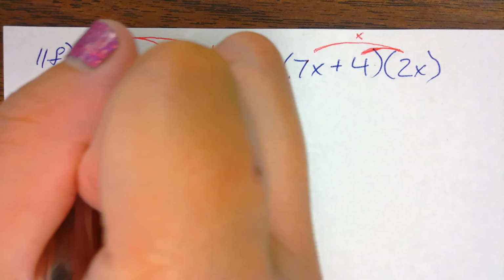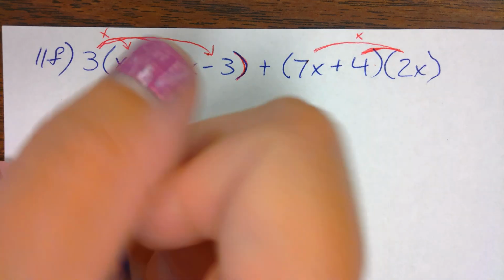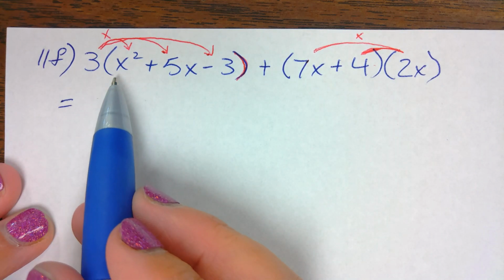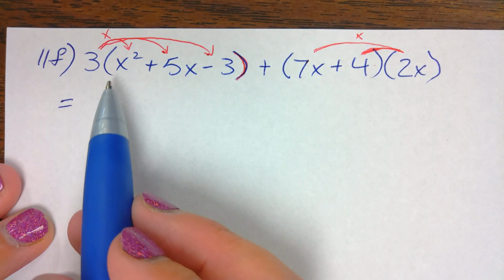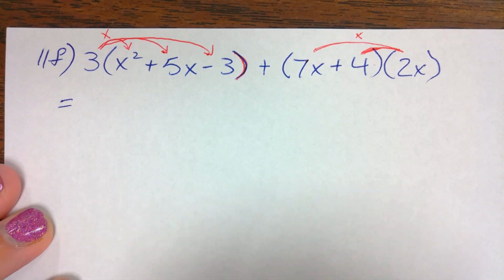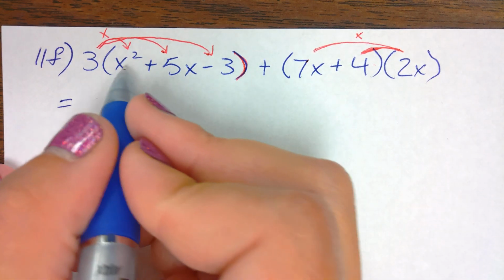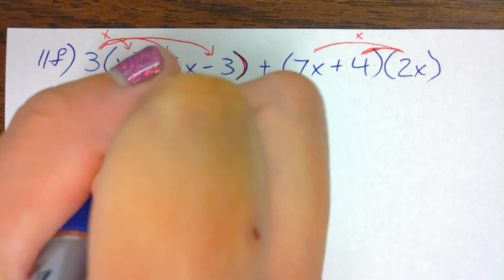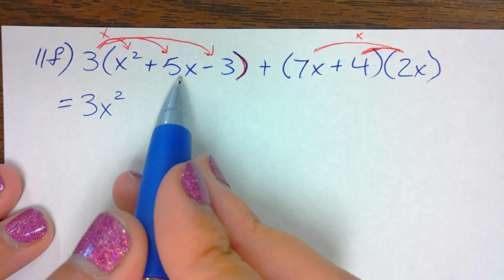Okay. So 3 times x squared. Let's see. Suhan, why don't you work with me on this one? 3 times x squared. Good. Okay. 3 times 5x. 15x.